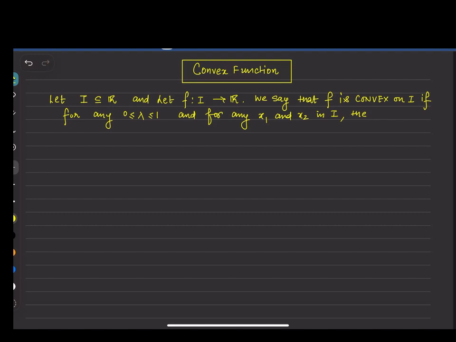the inequality that f at (1 minus lambda) times x1 plus lambda times x2 is less than or equal to (1 minus lambda) times f(x1) plus lambda times f(x2) holds.